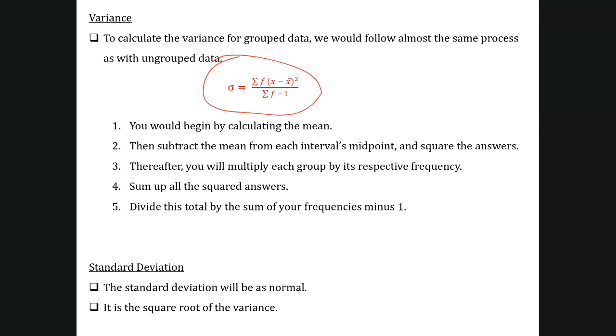So it says that your variance is calculated as the sum of each frequency multiplied by its respective value minus the mean, squared, over the sum of the frequencies minus 1.